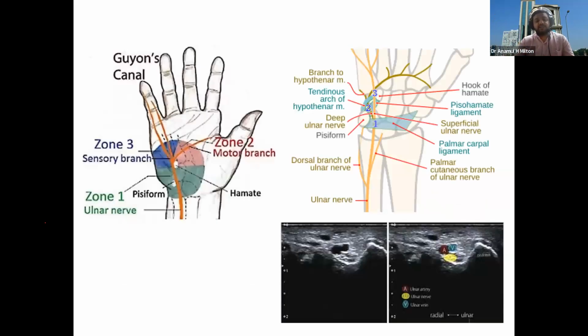There are three important zones for entrapment of the ulnar nerve. The first important area is at the pisiform.